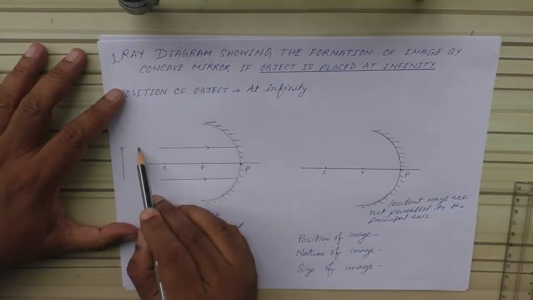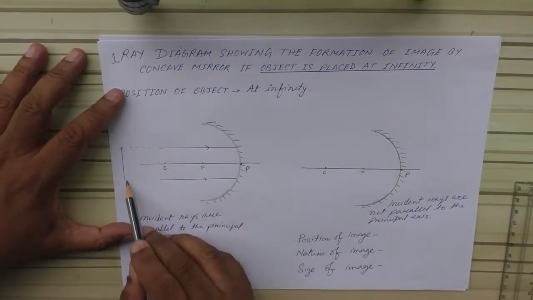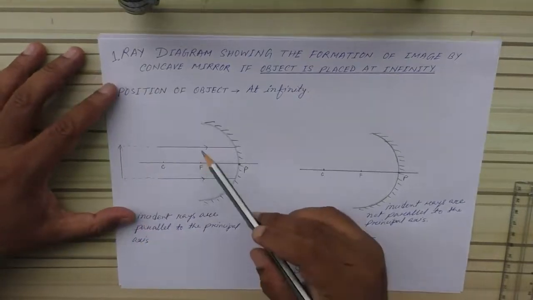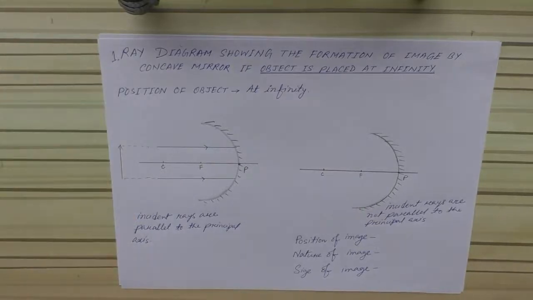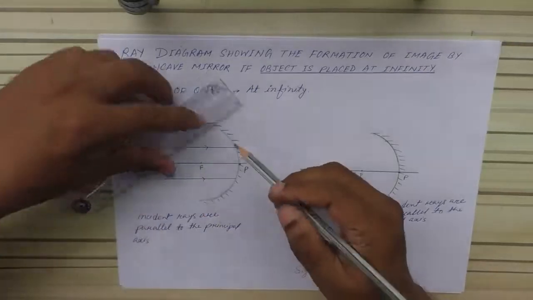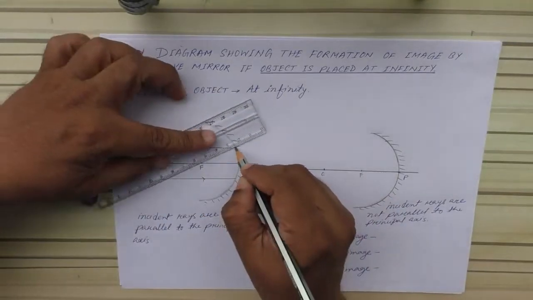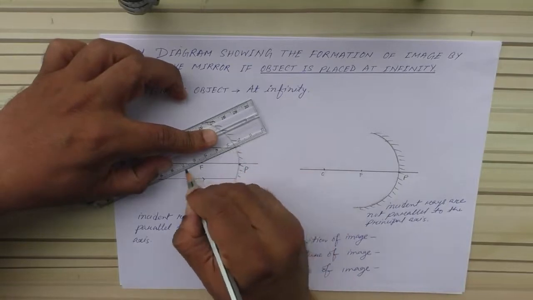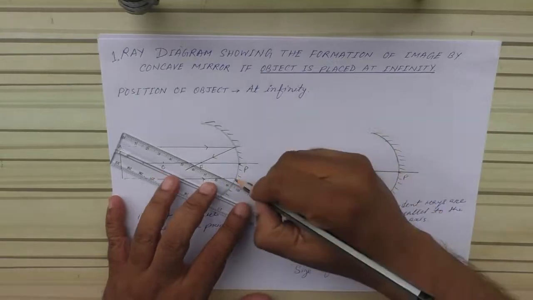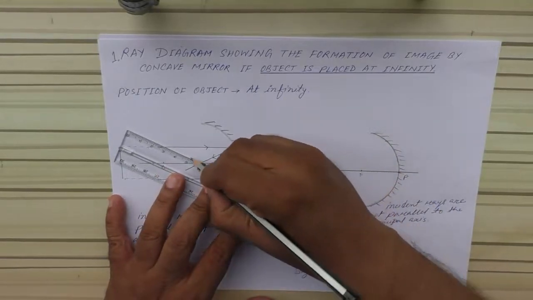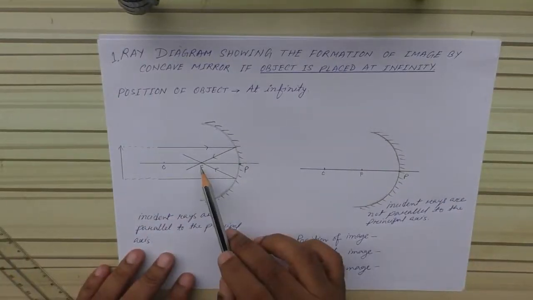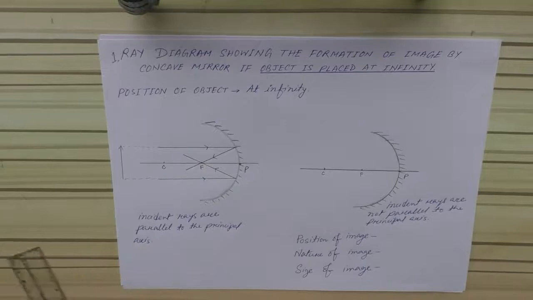We can draw dotted lines to represent the rays coming from that object. These rays fall on the concave mirror, and we know the rule: if the light rays are incident parallel to the principal axis, after reflection this light ray will pass through the focus. This one after reflection will also pass through the focus. So here we can see that the image is formed at the focus.